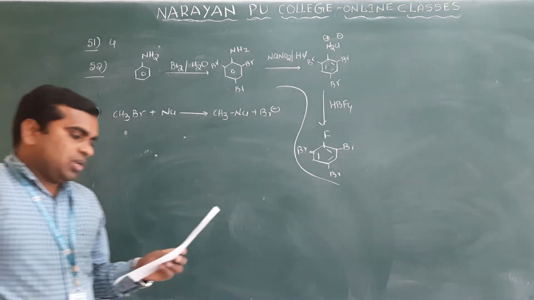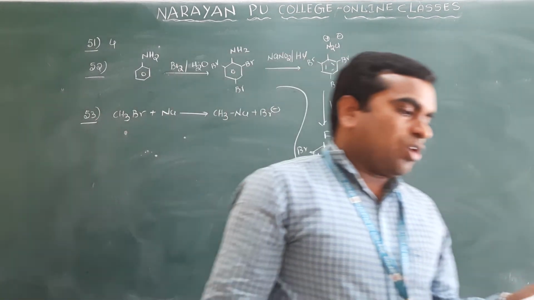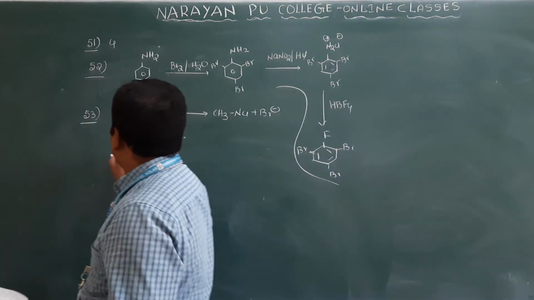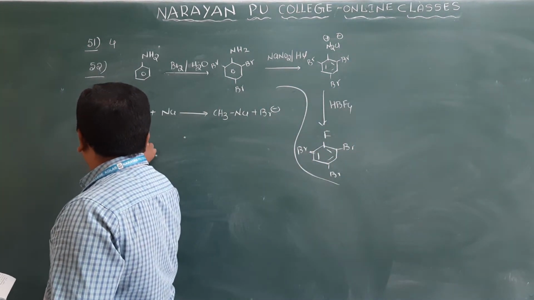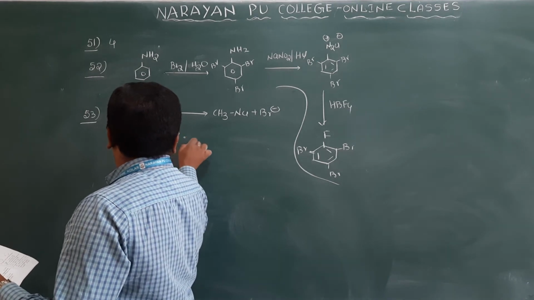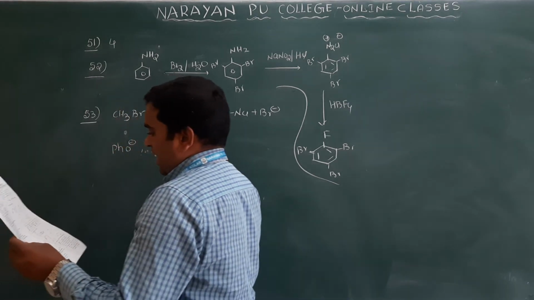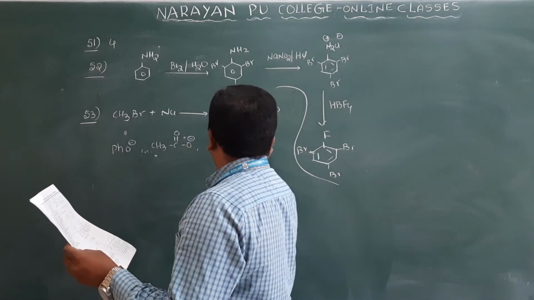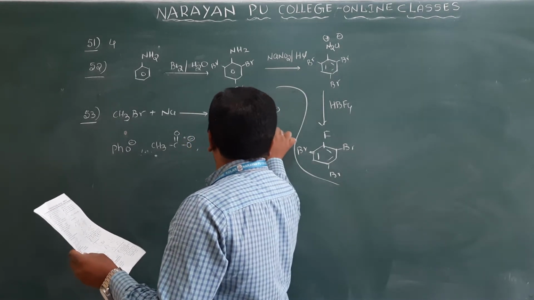So the decreasing order of the rate of the above reaction with the nucleophiles they have given. What is the nucleophile here? PhO minus, CH3C double bond O minus, OH minus, and the next one is CH3 minus.